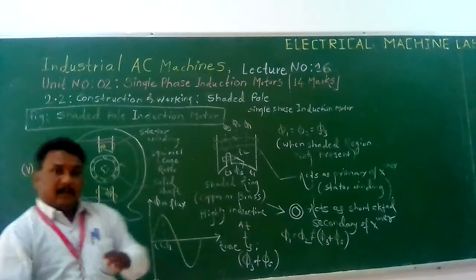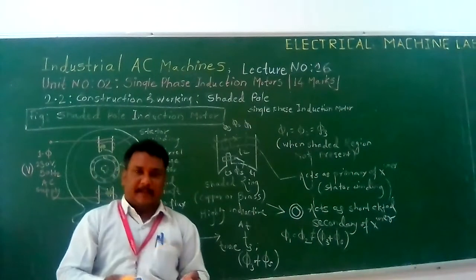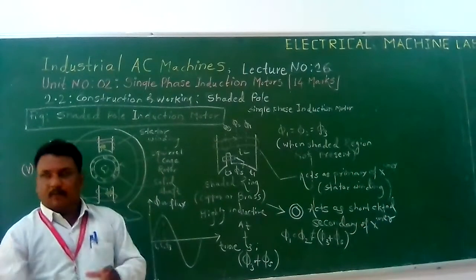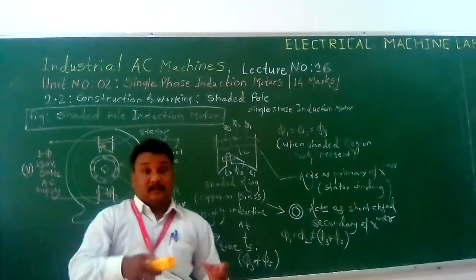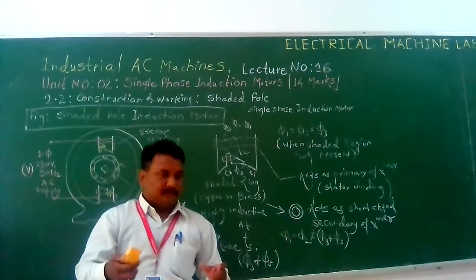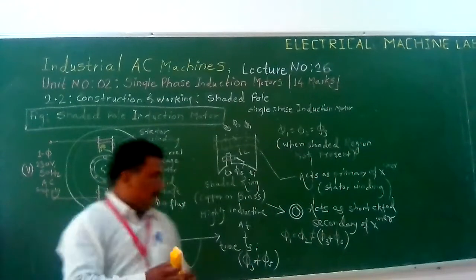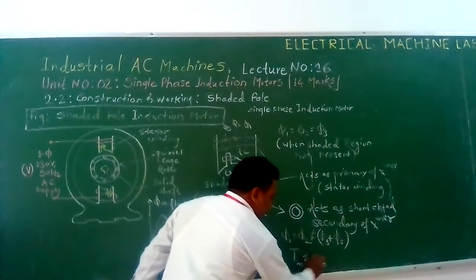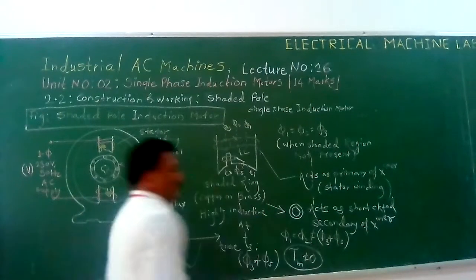By splitting the phase, what happens? The positive cycle and negative cycle torque will be unbalanced, so that finally the net resultant torque is not equal to 0.